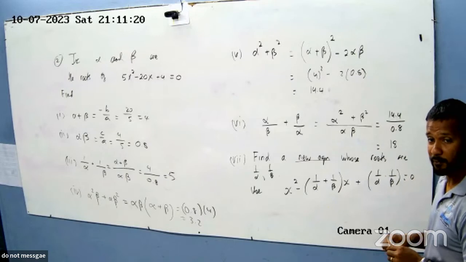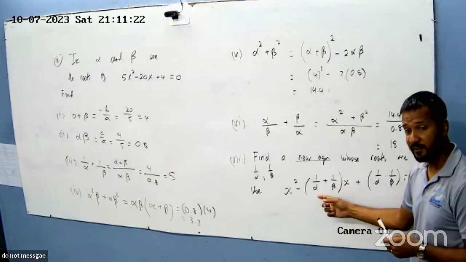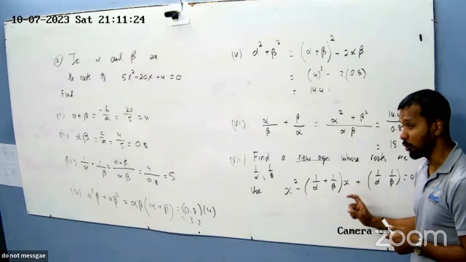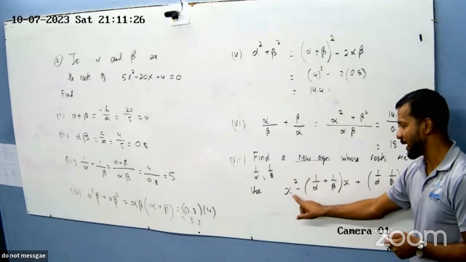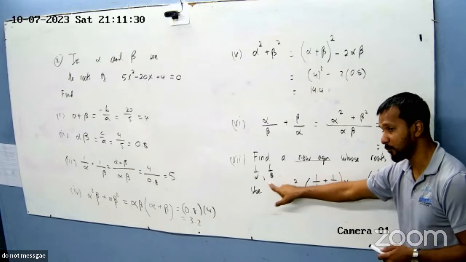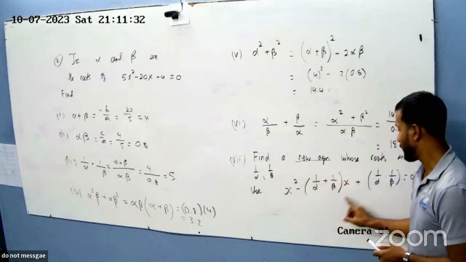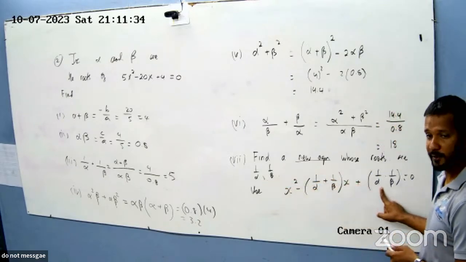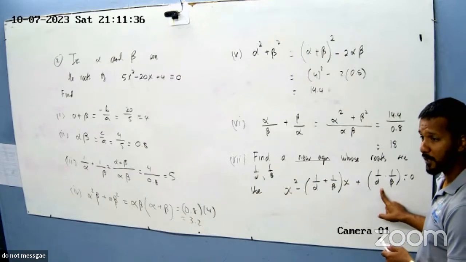Remember I gave you this general rule: all quadratics are x squared minus the sum of the roots, and you're using the new roots, plus the product of the roots. Are you okay with that?